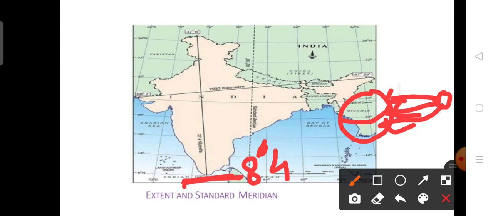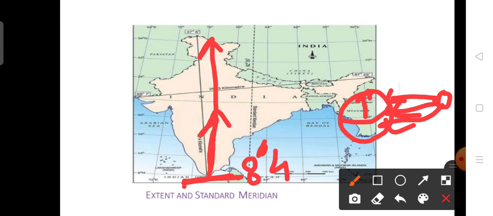And as we move from south to north, means from the equator to the north pole, we will find that there will be a change in the duration of the day and night. When we move towards Jammu and Kashmir, the nights will be longer and the days will be shorter.